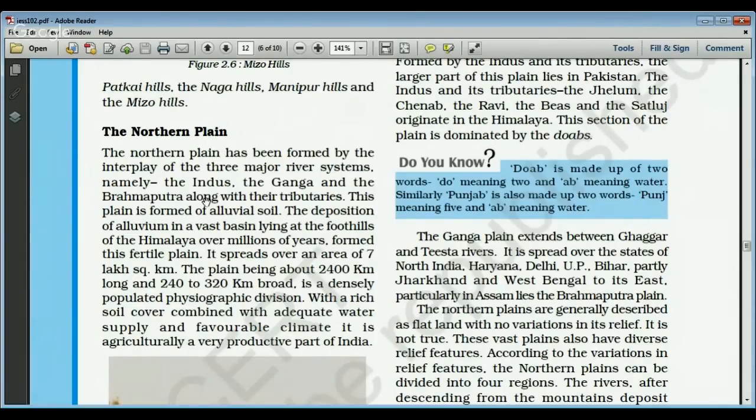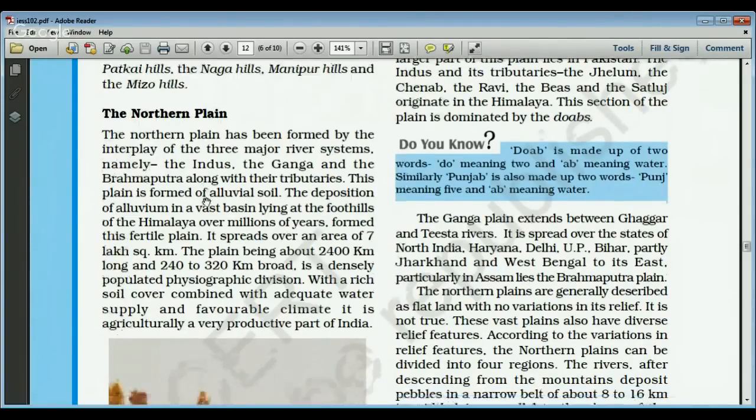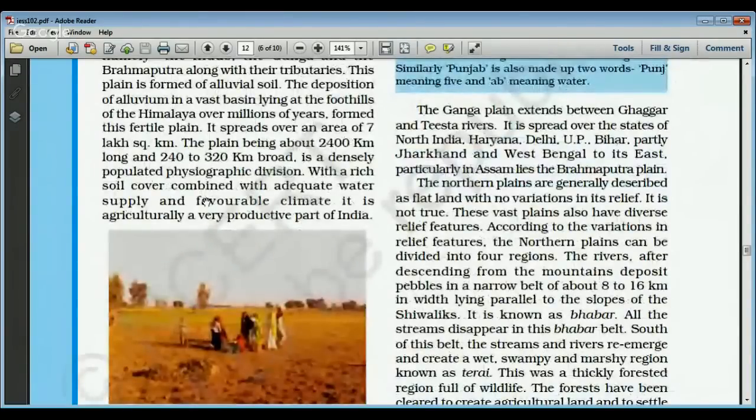They formed this fertile plain, which spreads over an area of 7 lakh square kilometers. The width is about 300 kilometers, and the length is about 2,400 kilometers.